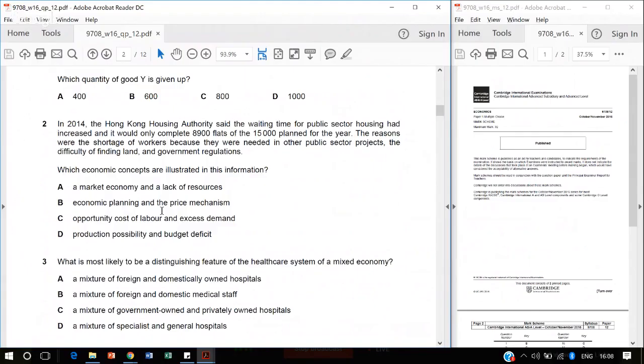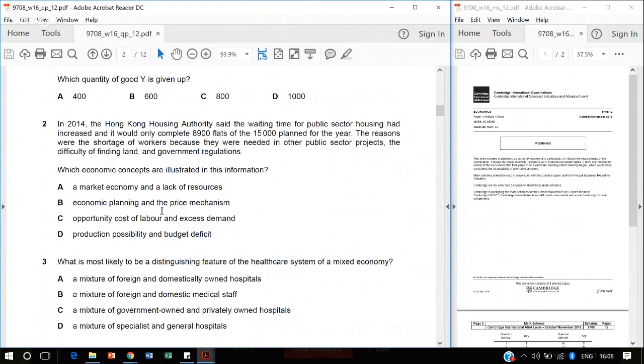Yeah, the really key thing you can see is the waiting time for public sector housing. That implies that there are people who want a house and don't have one at the moment. You could make an argument that they're just building houses to plan ahead for the future, but because there's a waiting time, there are people wanting houses at the moment.